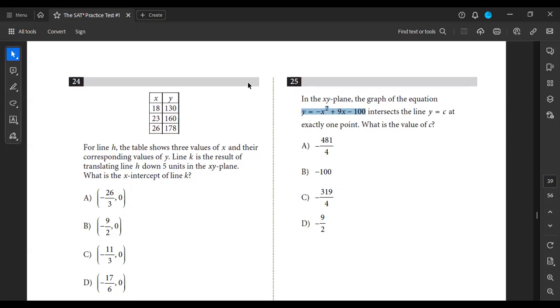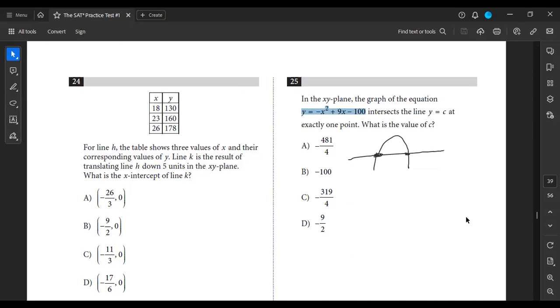The reason why you're doing it in vertex form is because if you have a curve, like in this case it's negative, so the curve goes like this, intersecting a line at exactly 1 point, it means this is going to be a straight line. So the y value is constant wherever it intersects the line.